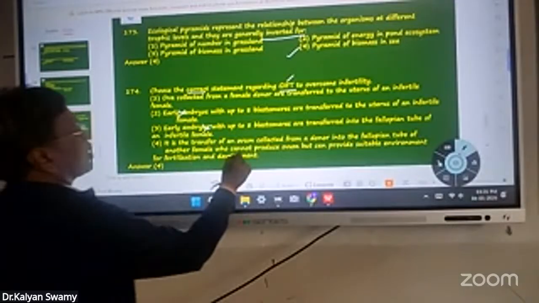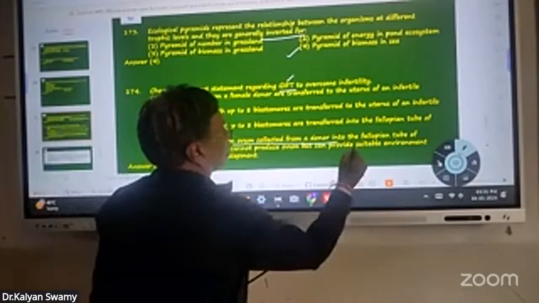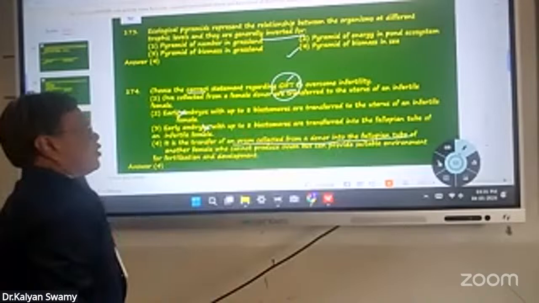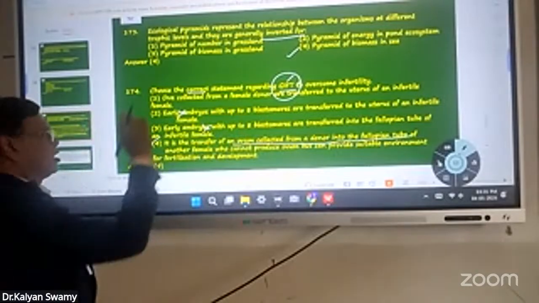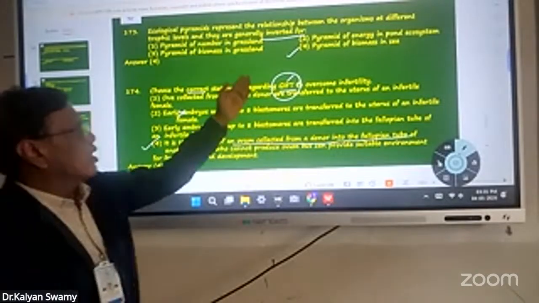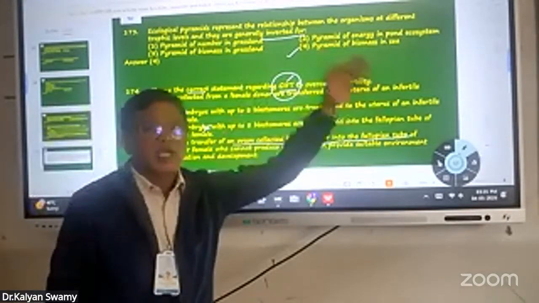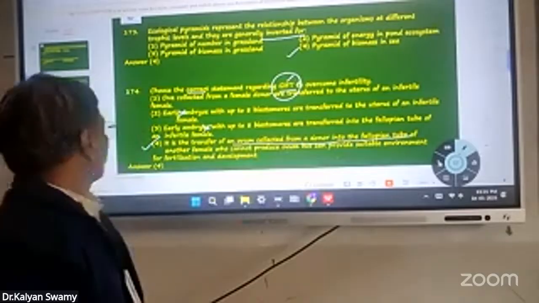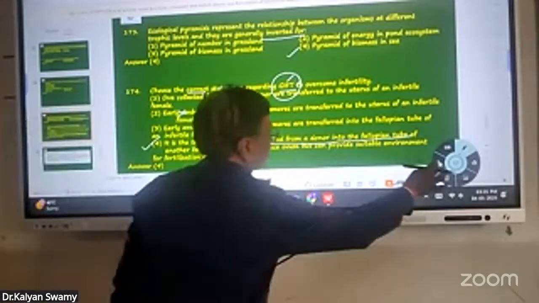It is a transfer of ovum collected from a donor into the fallopian tube. If you know the full form, Gamete Intrafallopian Transfer, gametes collected from a donor are transferred. What is the answer?